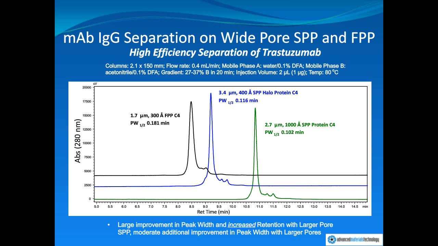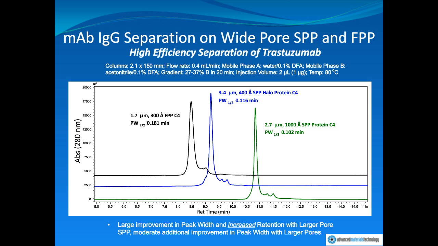Now, back to the subject of pore size. In this case, we see a separation of trastuzumab, a therapeutic monoclonal antibody, and its impurities, or variants, should I say, resolved using a sub-2 micron, 300 angstrom fully porous particle C4 bonded phase material, compared to a 400 angstrom 3.4 micron Halo protein column, and the new 2.7 micron 1000 angstrom pore size superficially porous particle Halo protein C4.